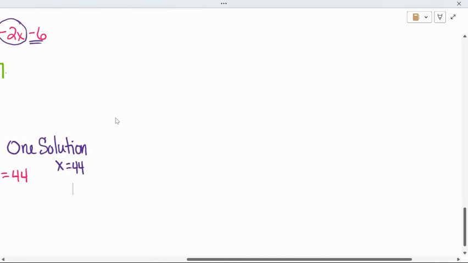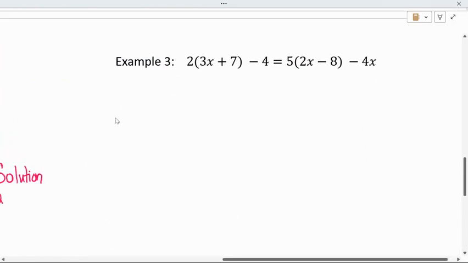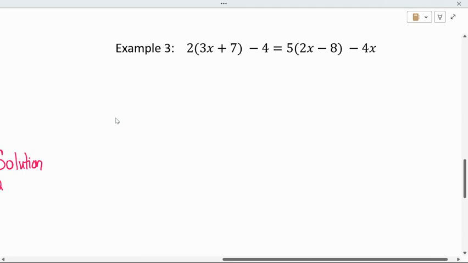Thank you, ma'am. Okay, so let's see what happens on this side. So example number 3, we have 2 sets of parentheses. So that means I'm going to have to distribute through. 2 times 3x is 6x.